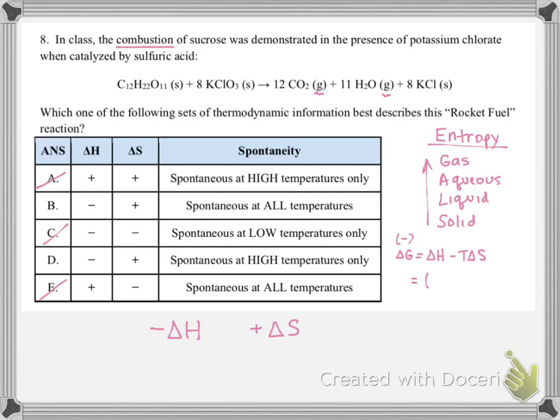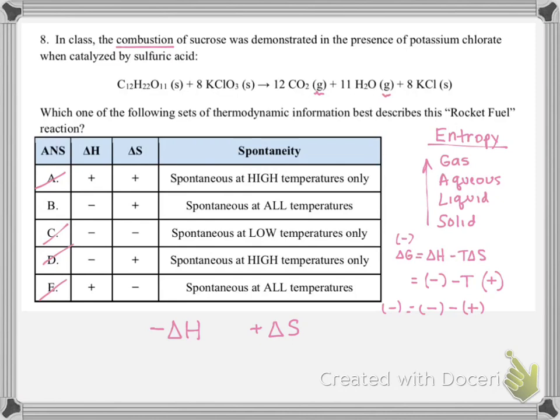So if I have a negative number for my delta H minus T, and a positive number for my delta S, it doesn't matter what this temperature is because we'll have something negative minus something that's positive. And that will always end up being negative. And so this will be spontaneous at all temperatures.